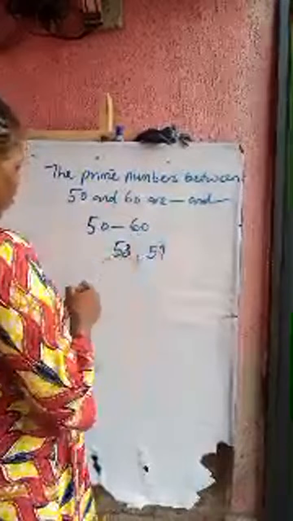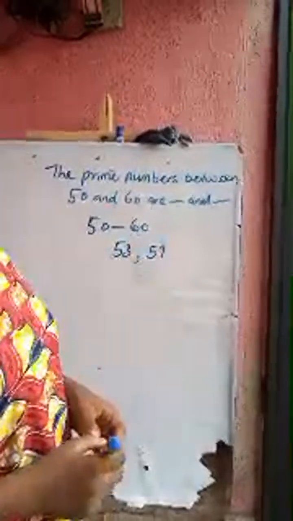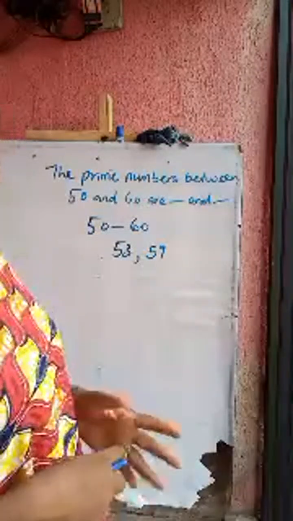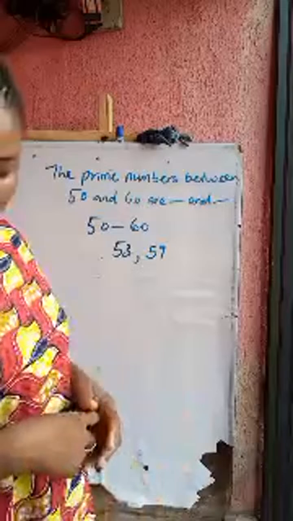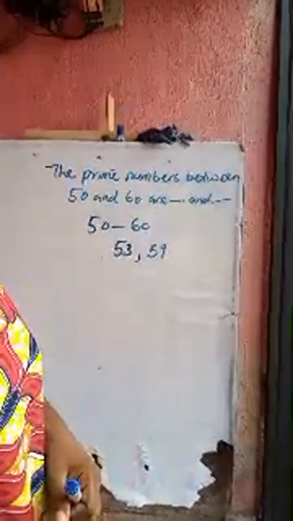Now these two numbers can only be divided by 1 and itself.